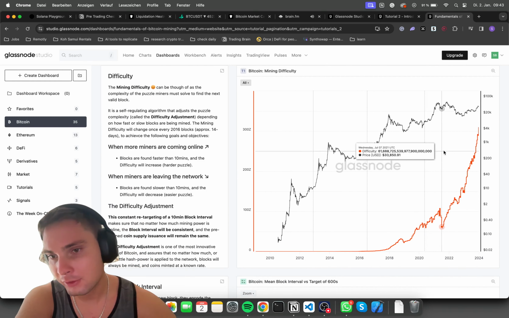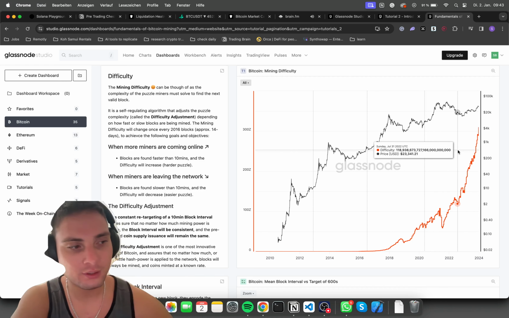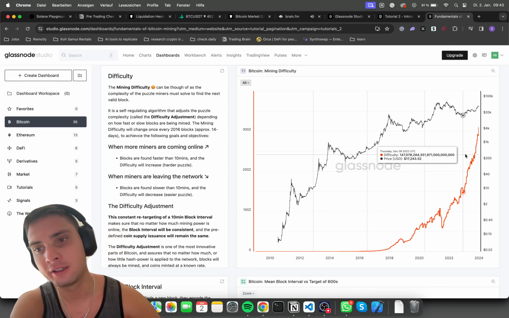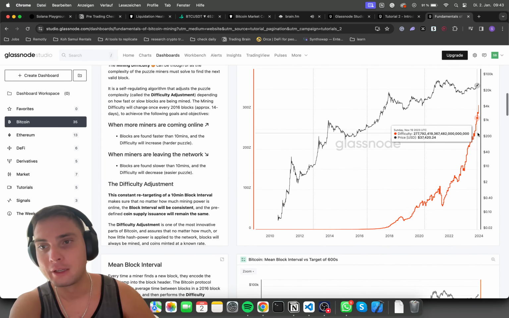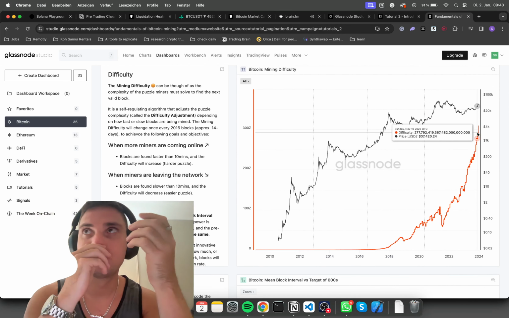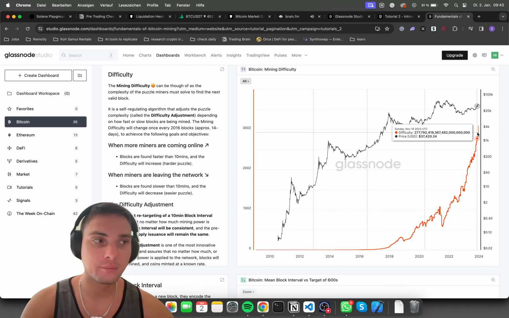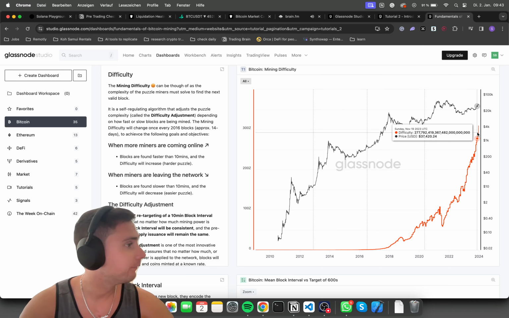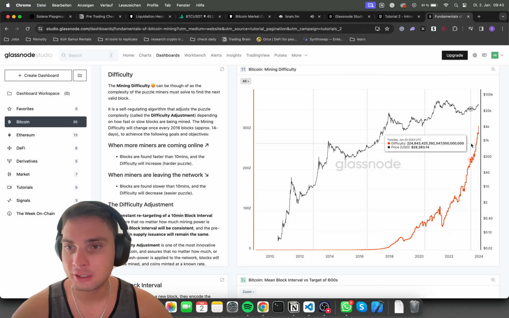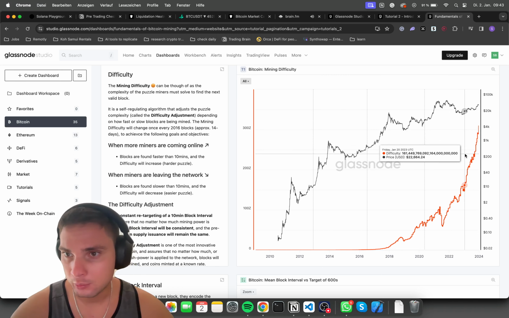I mean, this can be a good indicator, mining difficulty and hash rate going up. This is only the mining difficulty, but you see the hash rate going up as well, because if it's harder to mine a block, you need more computation power, better hardware, to actually get the chance to mine a block.